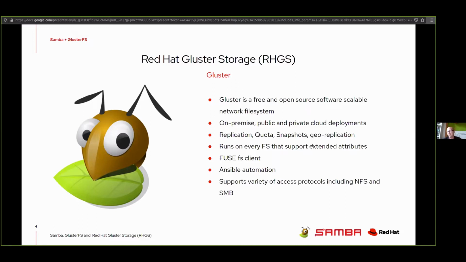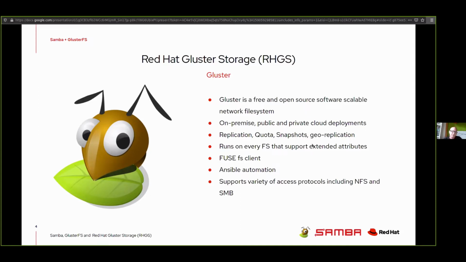There are many large customers using it. The most common, also famous one is Facebook, which is running part of the infrastructure on top of Gluster. It runs on-premise, in public and private cloud deployments, although the support cases that we are getting in touch with are most of the time on-premise, so on bare metal.